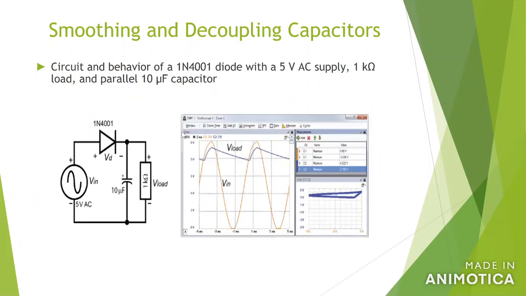So you can see this is an example that we can use a capacitor to smooth the signal and decouple the signal.